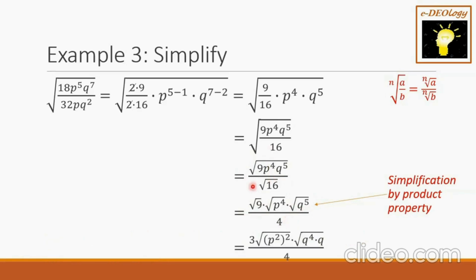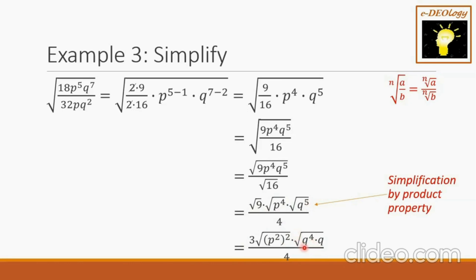The next is, we're going to simplify further the numerator. The square root of 9 can now be simplified into number 3. This value p raised to 4 can be represented by p squared and again squared. This q raised to 5 now can be factored out into q raised to 4 times q. So we put here q raised to 4 because our index is 2.